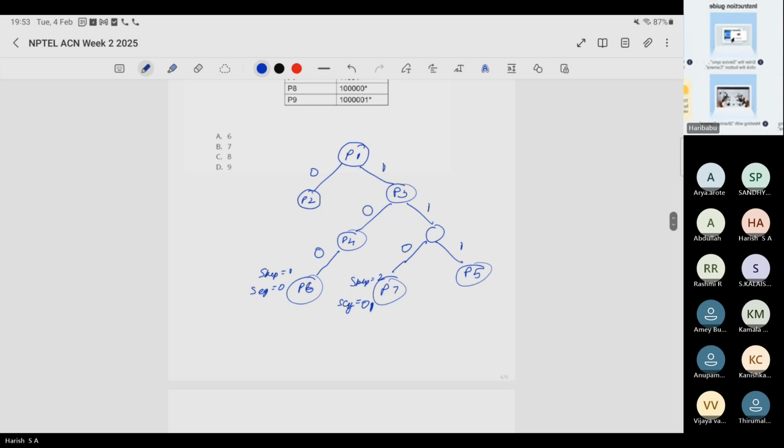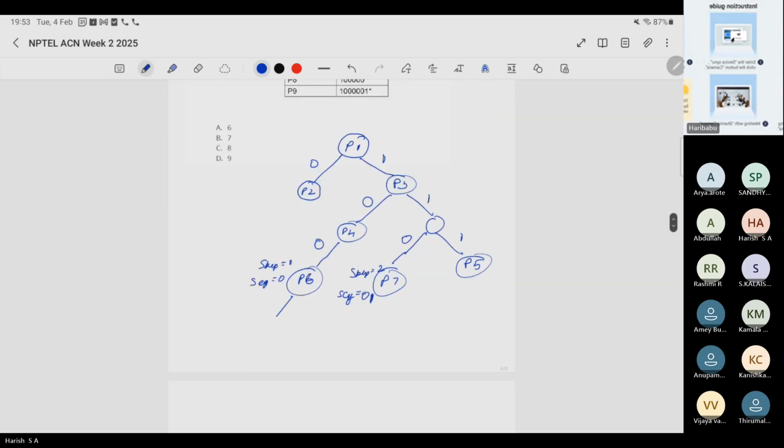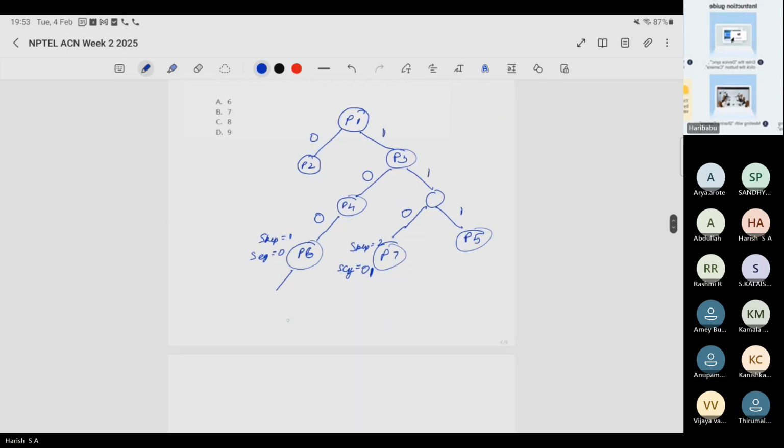And then P8, it's going to be a 0 and then a P8. But the skip is what? Skip is equal to 1 and the segment is equal to 0. And then finally P9.